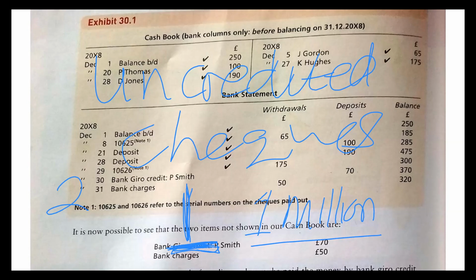So what you have in the cash book does not agree with what is recorded at the bank. In your cash book it appears that you have received the money, but in the bank statement that amount will not appear, because the bank has not yet processed it. Those checks, we call them uncredited checks.